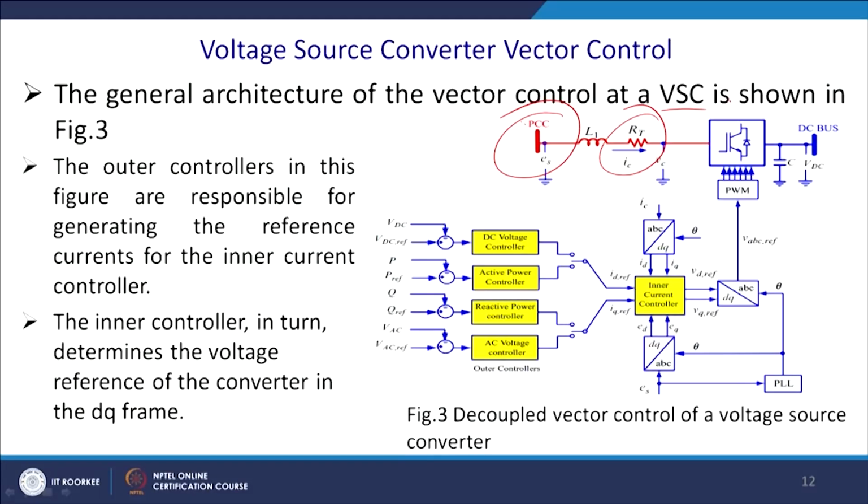Now, what happens if you have a problem on the DC bus, then you will have a DC bus control. You require to maintain the DC bus voltage generally around 20% higher than the rectified voltage, because this is a bidirectional switch.